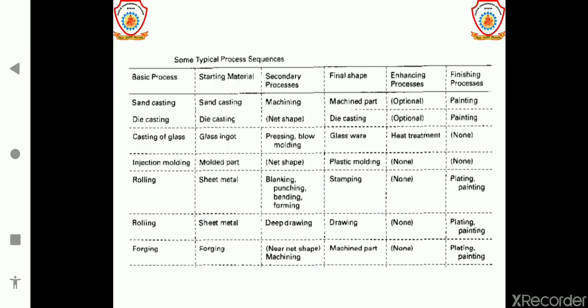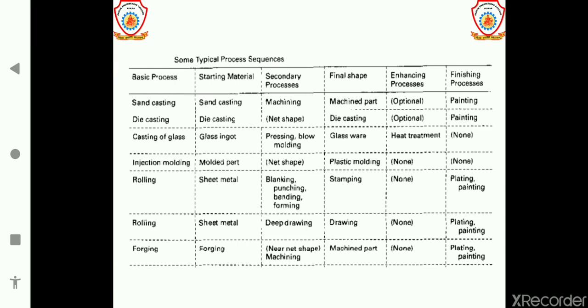In this slide, there are examples of all four basic processes. The first example is sand casting. Sand casting is the basic process, and the secondary process for sand casting is the machining process, with the starting material being the raw material for sand casting.